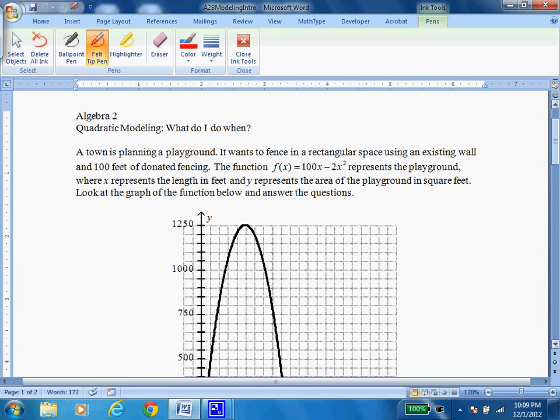Hi everybody. We're going to be talking a little bit about quadratic modeling and how we use quadratic functions in real life. Couple important things that we need to consider when we're using quadratic functions to model situations in real life.